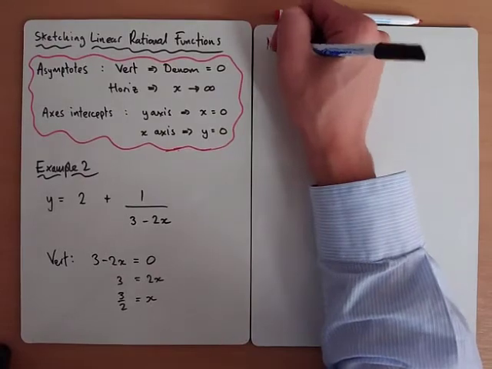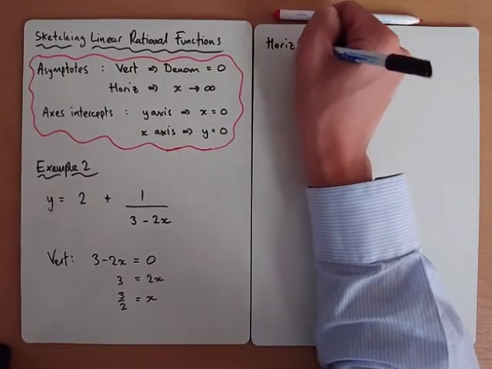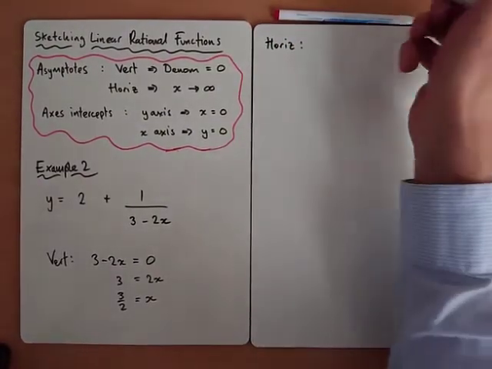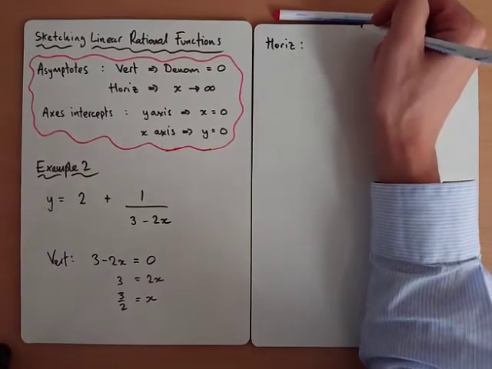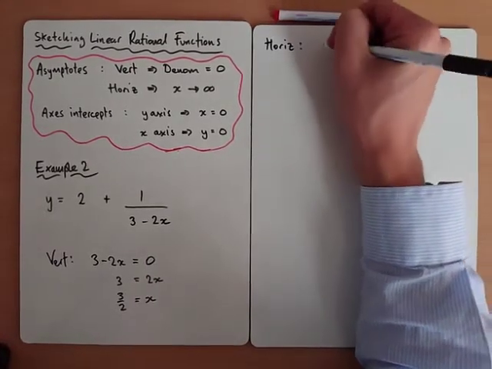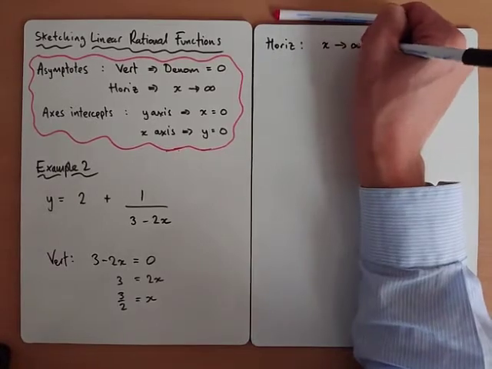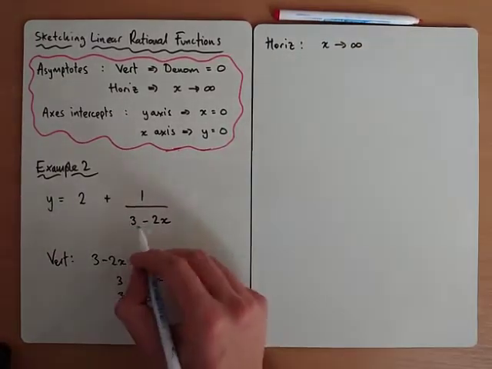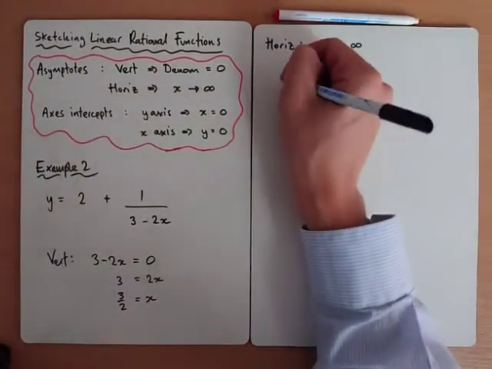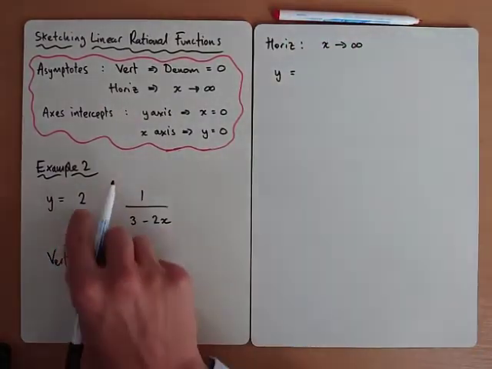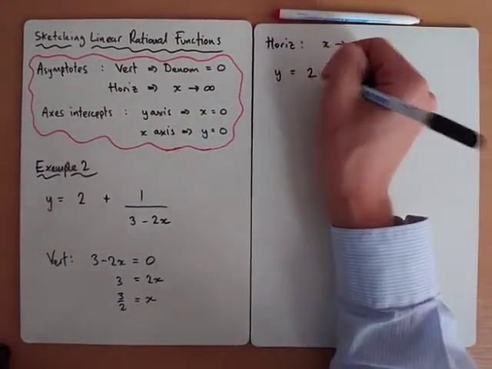Okay. The reason why I chose this one is because the horizontal one can cause issues. So for your horizontal, you're thinking about it as x tends to infinity. So let's do the whole thing. y would equal, don't forget this plus 2, essentially this is where people go wrong.